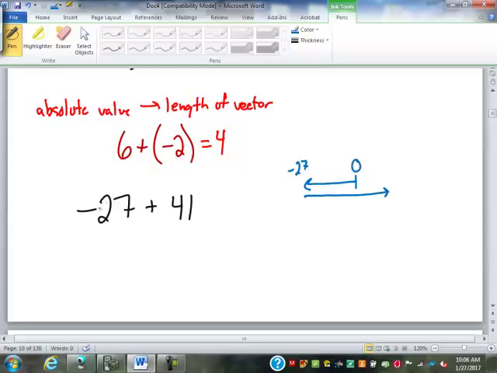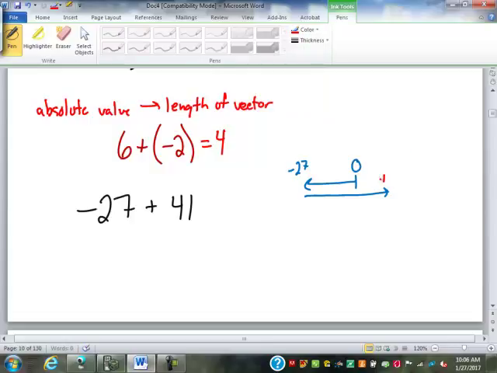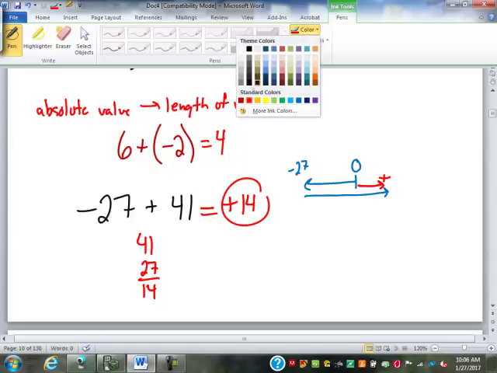It has a longer vector. So it means I go past 0. This picture tells me two things. One, that I end up on the positive side of the number line. So my answer is positive. Two, those vectors point in opposite directions. So the solution is the difference in the length of the vectors. So at 41 and 27, the difference is 14. So it's a positive 14 is that answer.